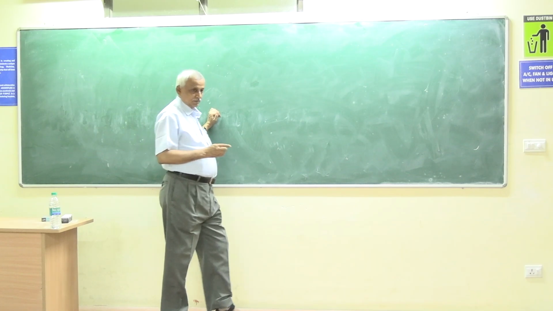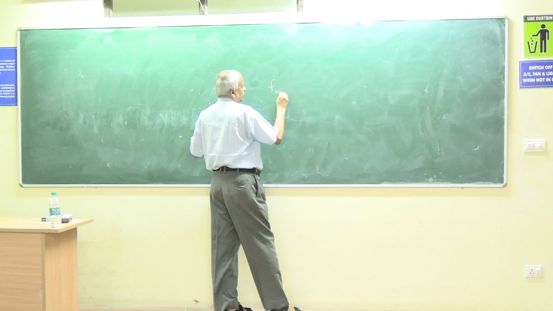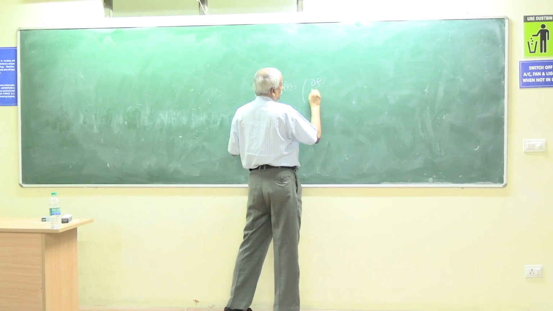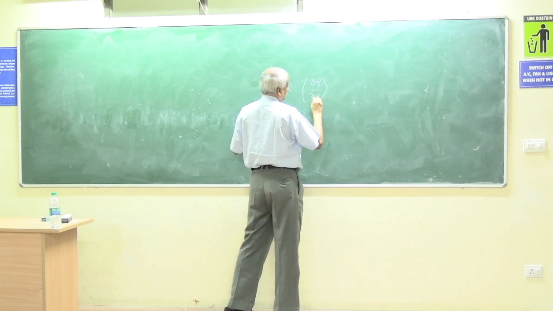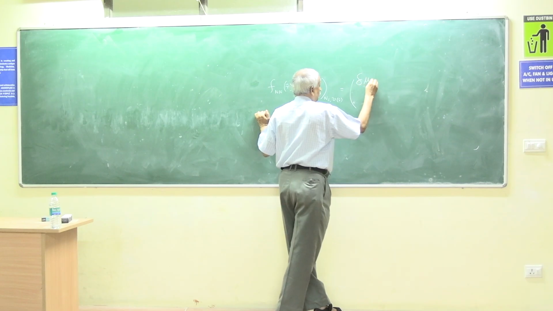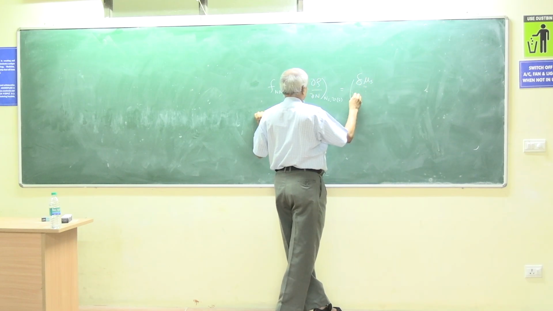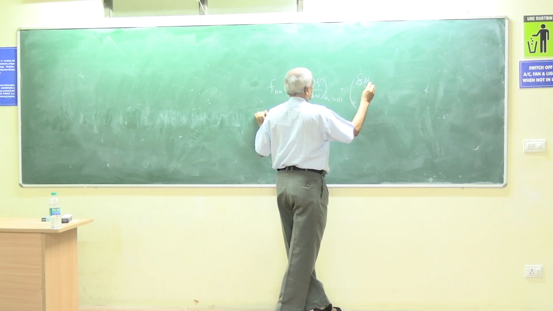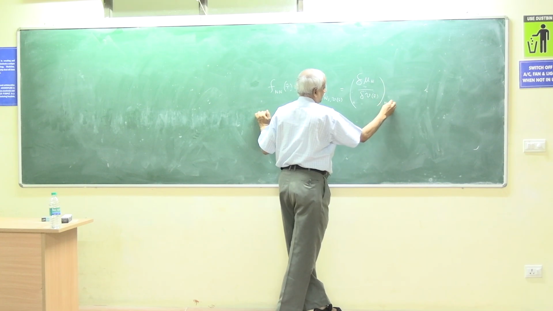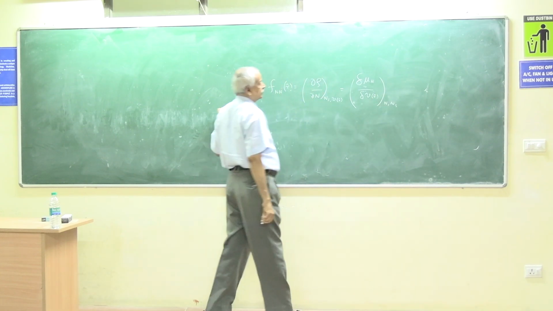Now let us say Fukui function. f n n r is del rho del n at ns Vr, and this is del mu n del Vr at n ns.